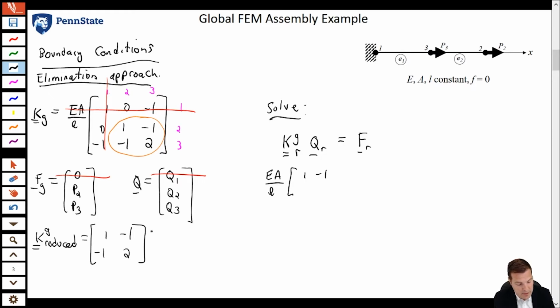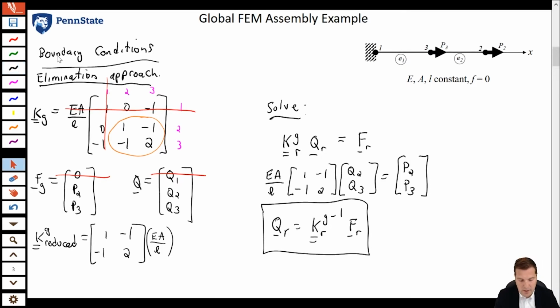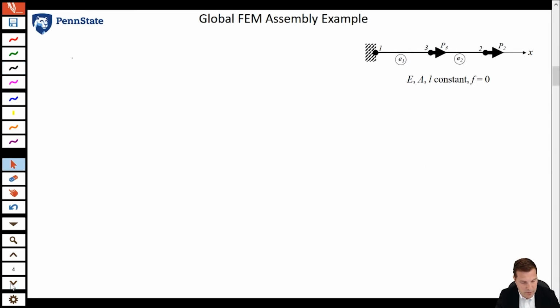Actually, I forgot to write that here. EA over L. Okay. Negative 1, negative 1, negative 1, 2. We have Q2 and Q3 equals P2 and P3. So what we do is we invert and we solve for Q. Q is equal to KGR inverse times FR. Okay, if you remember how we solve that, let's go over here.